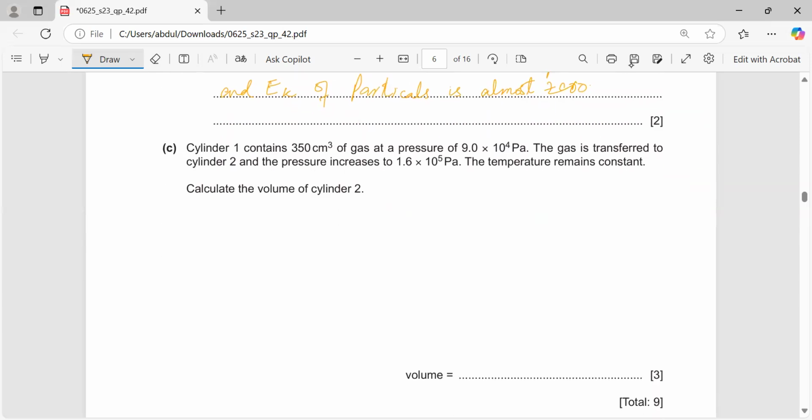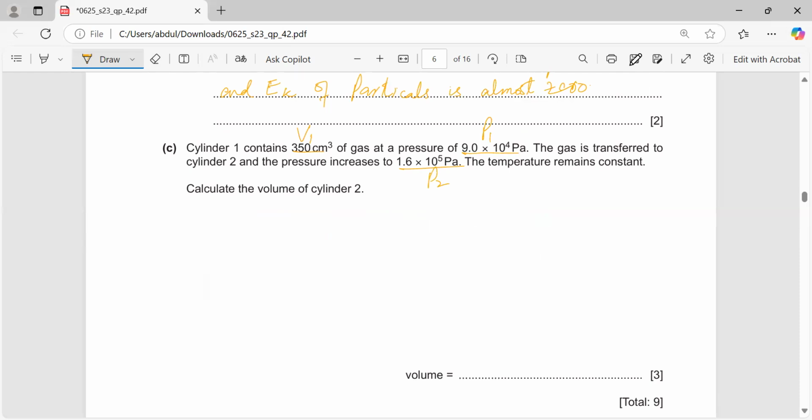Then my dear friends, cylinder 1 contains 350 centimeter cube of gas. So this is volume 1, at a pressure of this, this is P1. The gas is transferred to cylinder 2, and the pressure is increased to this. So this is P2. That's why I was using P1 and V1 in the beginning.